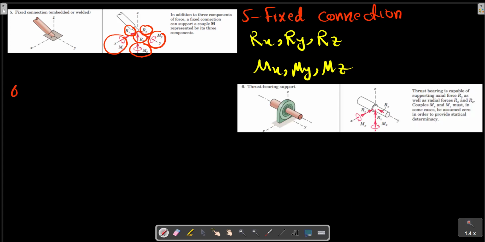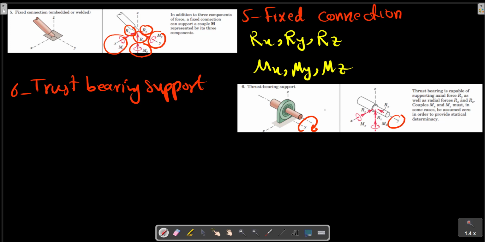The next example is a truss bearing support. As shown, there is no resistance about rotation about the y-axis, so we don't have any moment resistance about y, but we have two rotation resistances about the x and z axes.